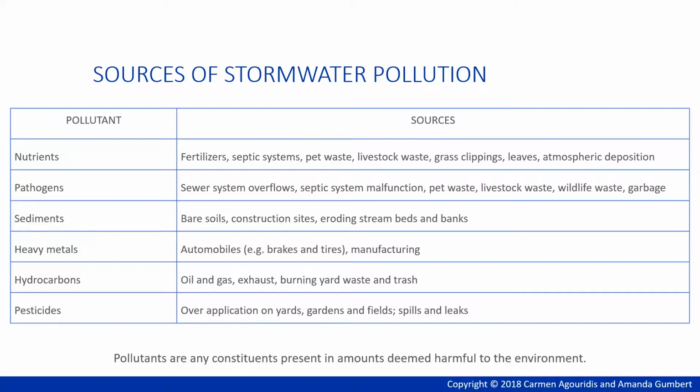Pathogens most often come from malfunctioning sanitary sewer systems in urban areas, but animal waste from pets and wildlife are another common source. Sediments are associated with bare soils common with residential and commercial construction sites. Automobiles and manufacturing contribute heavy metals and hydrocarbons, while pesticides are often associated with residential lawns and agricultural operations.